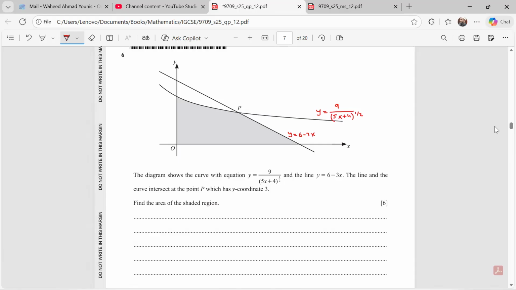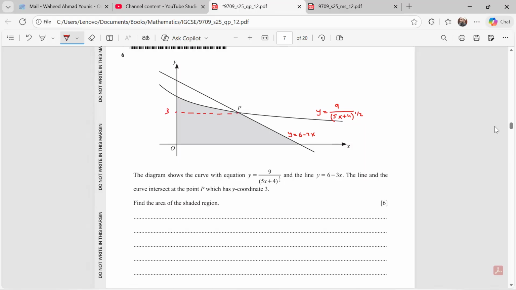The line and the curve intersect at a point P, and the y coordinate of this point is 3. Find the area of the shaded region. We have to find the shaded region's area.